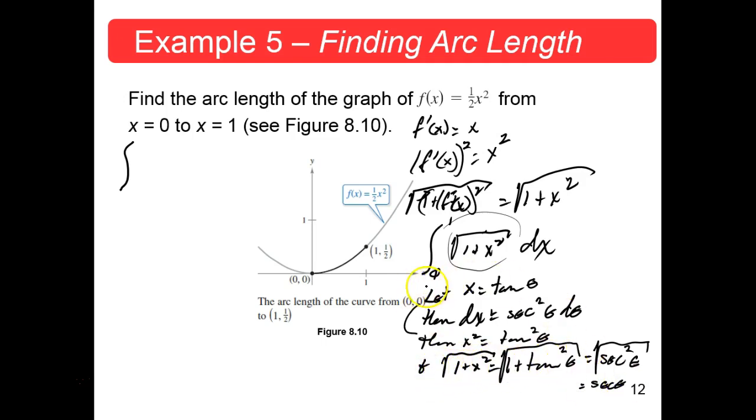When you did this substitution, that got down to being a secant theta. So that square root thing there is just secant theta. And our dx turned out being what?